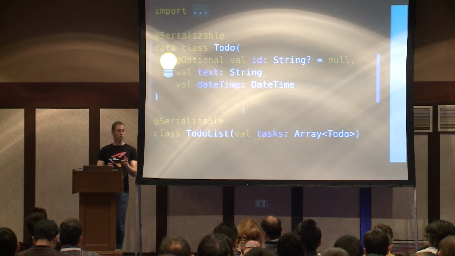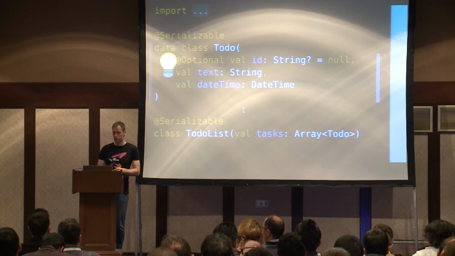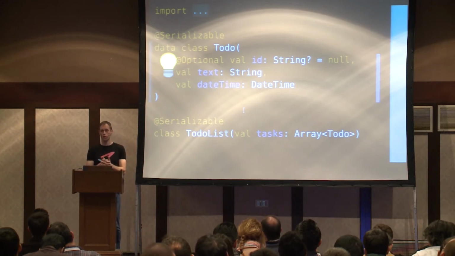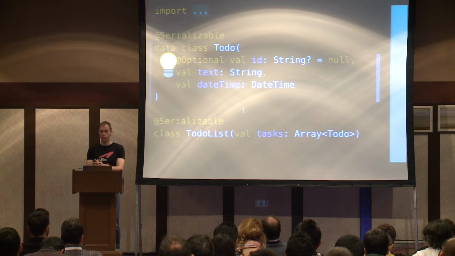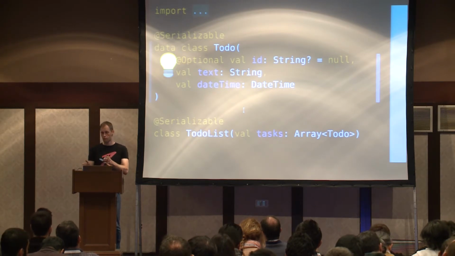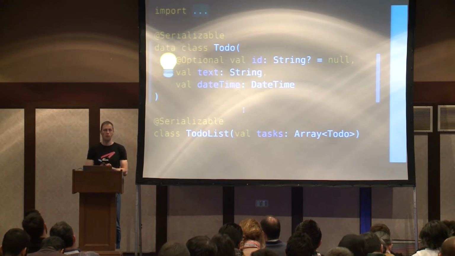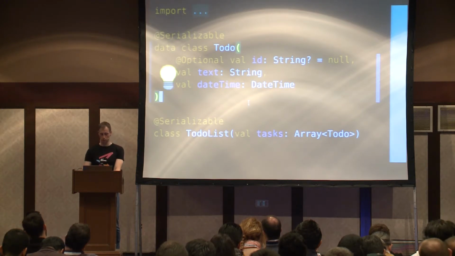We don't see any expect or actual keywords here, because this is code which is already complete, and we can share it as is between the platforms. So you don't need to re-implement everything on each specific target platform. You just have it implemented in the common module and reuse it between the platforms.